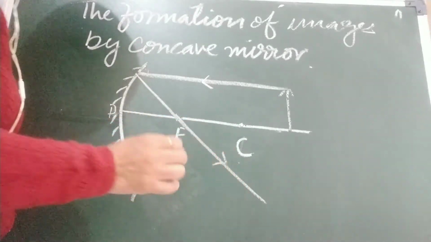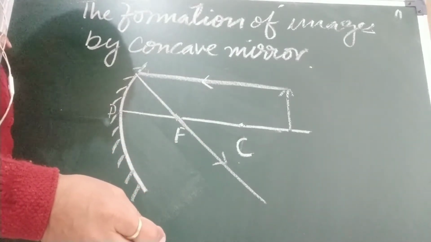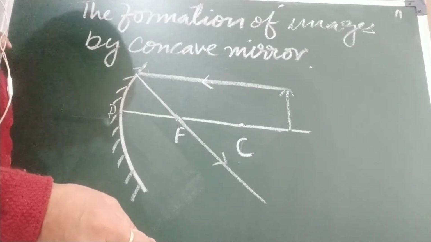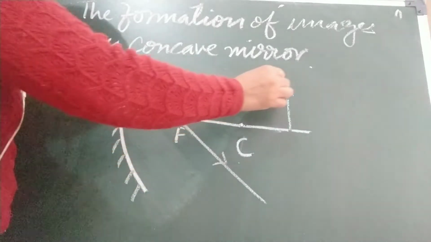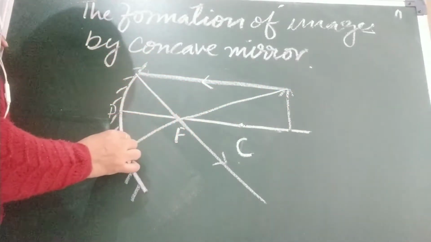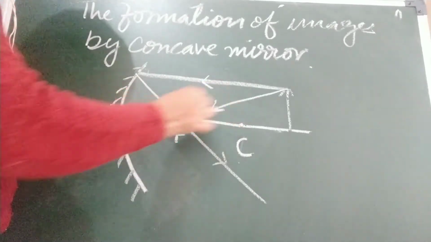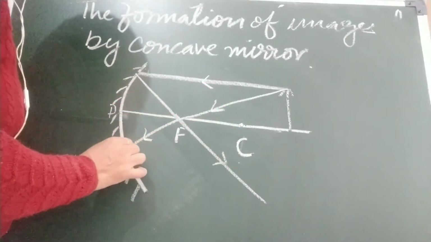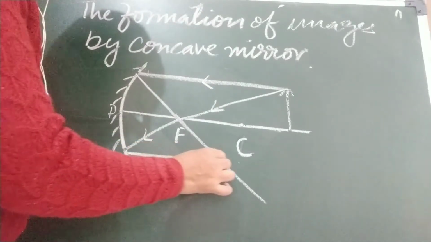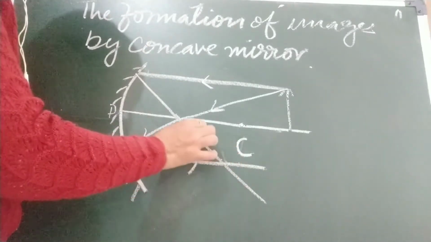Children, you have to practice this. The second ray is passing directly through the focus, and after this coming to the focus and then reflecting back. अब जब ये reflect होगी, where it is meeting?